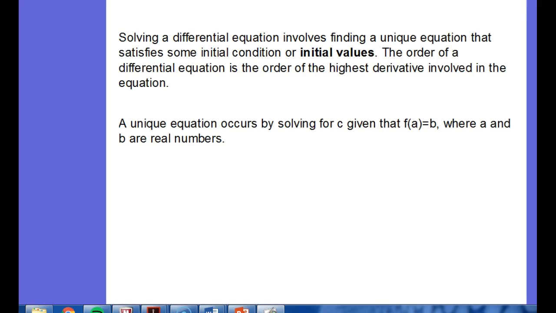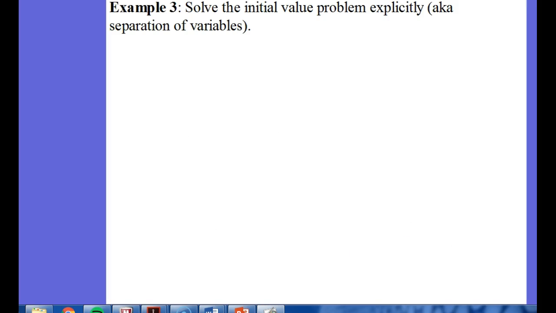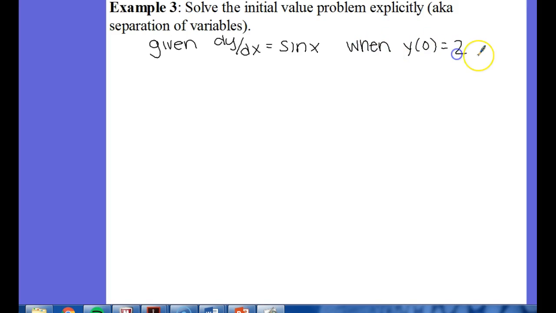So let's look at an initial condition problem. Given dy dx and a y of 0. So we're going to say that we are given dy dx equals the sine of x, and this occurs when y of 0 equals 2.